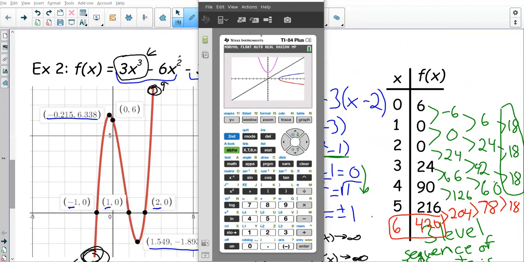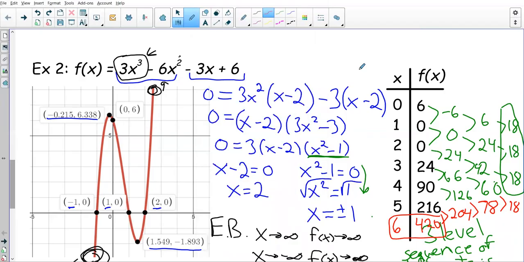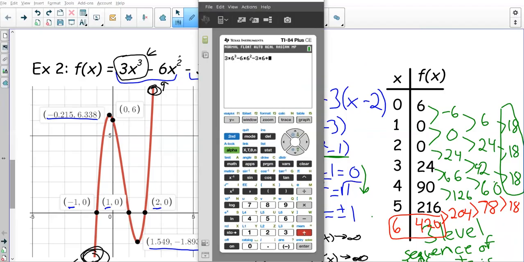So we had 3 times 6 cubed minus 6 times 6 squared minus 3 times 6, and then plus 6. And we can see that that's 420.